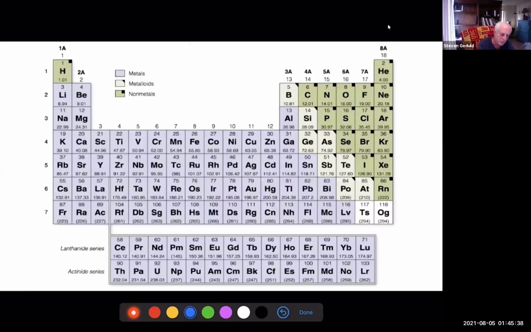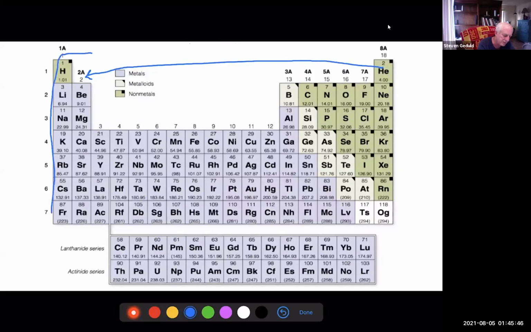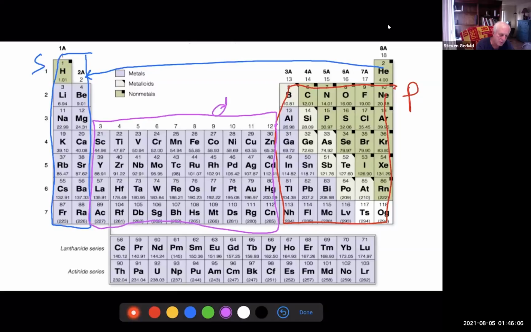Okay, so this is our periodic table. We're going to slide hydrogen into this spot right here, just for now. So these two groups, two columns, these are what's called s orbitals. These 6 are what we call p orbitals. These 10 are what we call d orbitals.